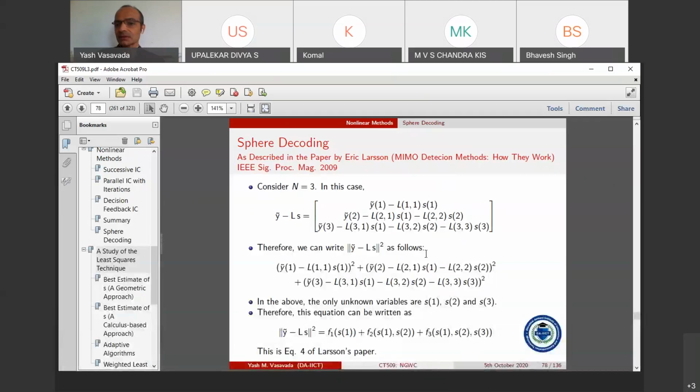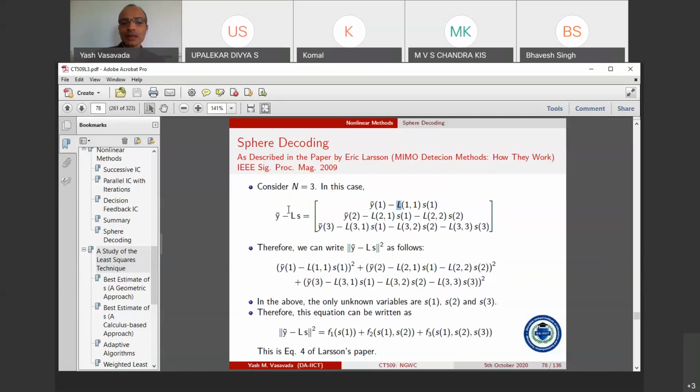Pavesh? Yes, sir. Does it make sense? Kishan, what about you? Yes, sir. It kind of follows from the lower triangular property. Right. Follows from the lower triangular form of L matrix.